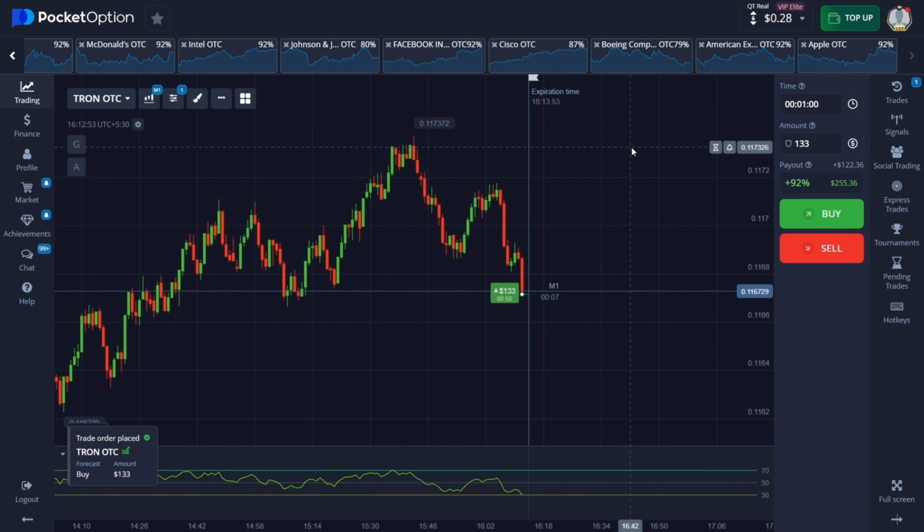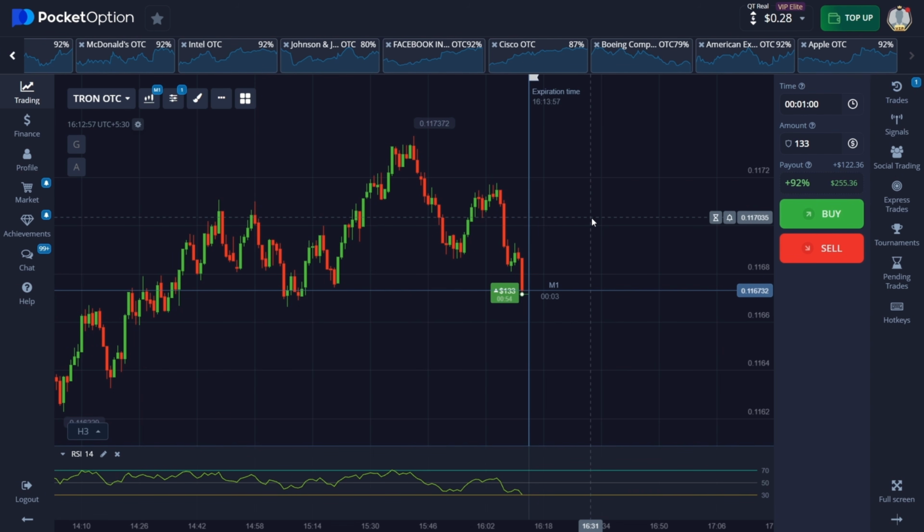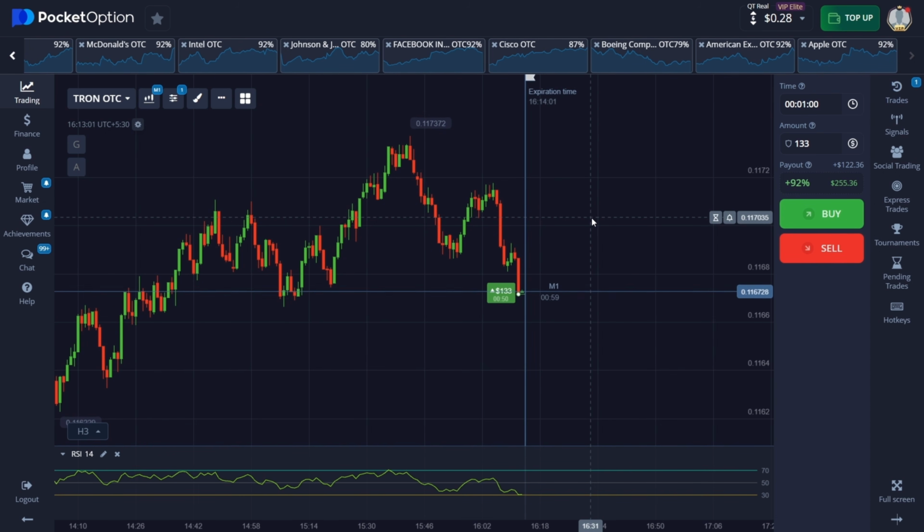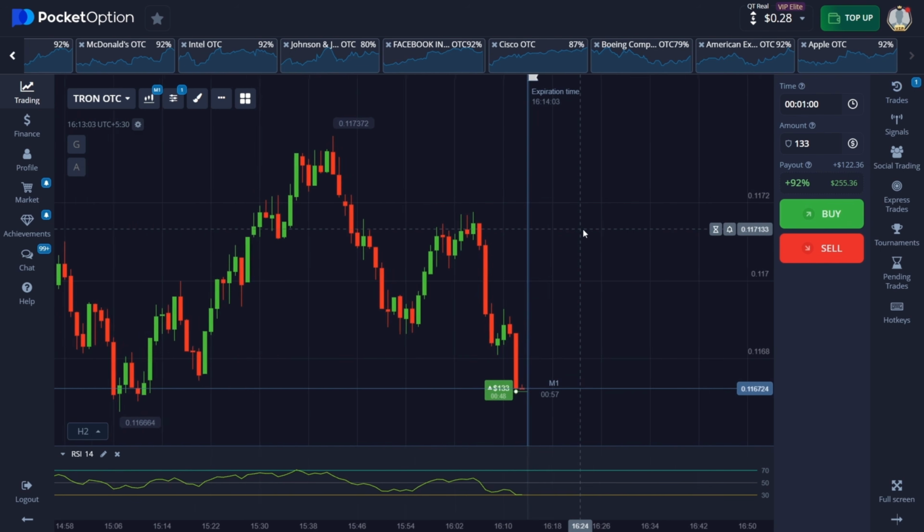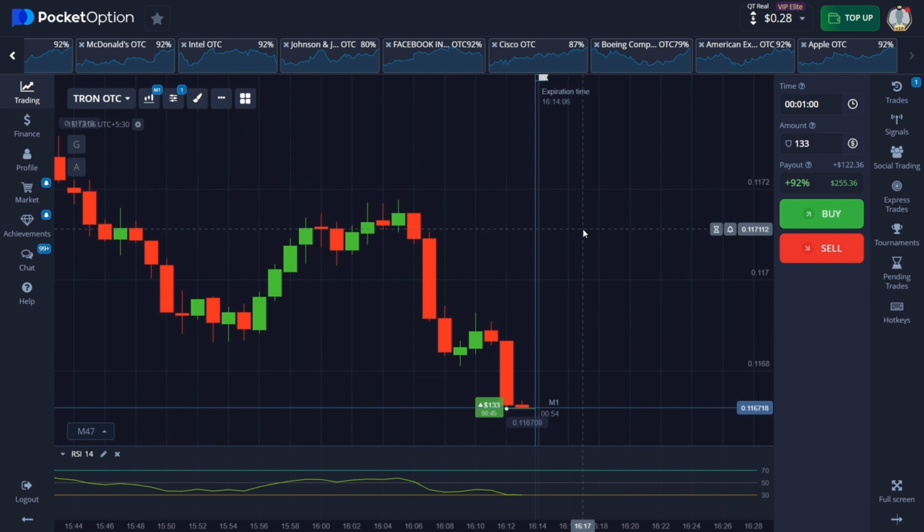Okay, I took the entry. I placed a trade for an upside move on Tron OTC. As you can see, the candle had already touched the RSI level of 30 and reversed. Then it came again and touched the RSI level of 30, with the red candle closing near the RSI level of 30. That's why I took this trade for the upside move as a reversal trade.